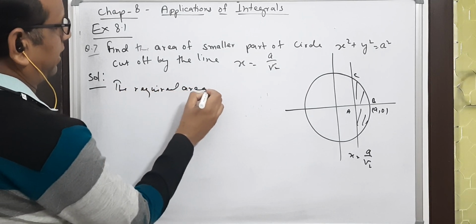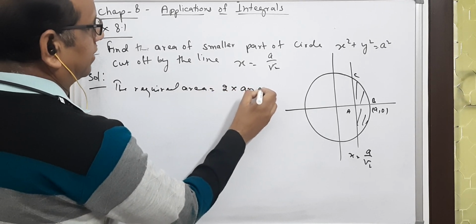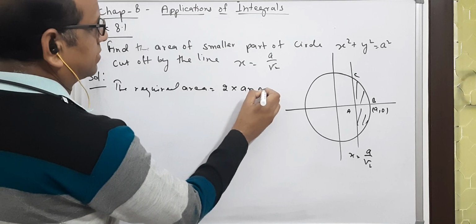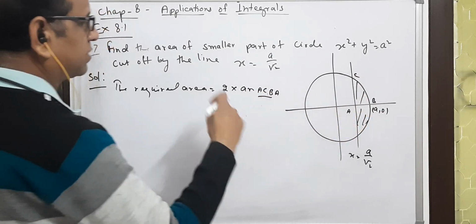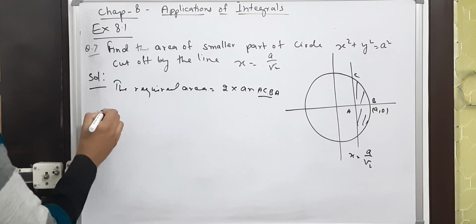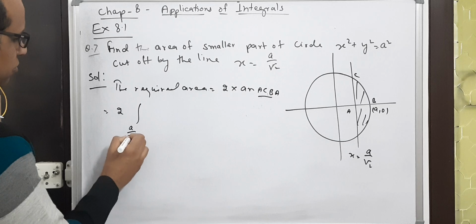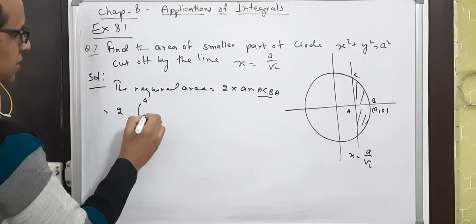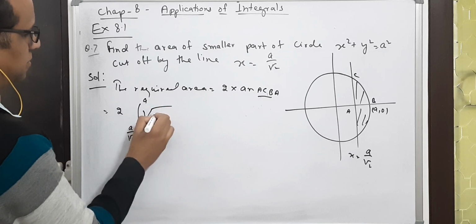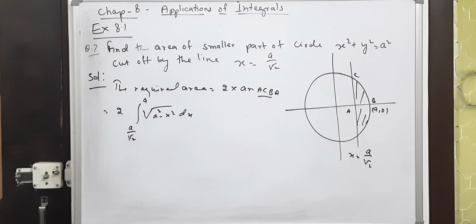The required area equals 2 into area A, C, B, A. So the answer is 2 into integral from a by root 2 to a of y of circle. And the y of circle is root a square minus x square dx. Please see this part.